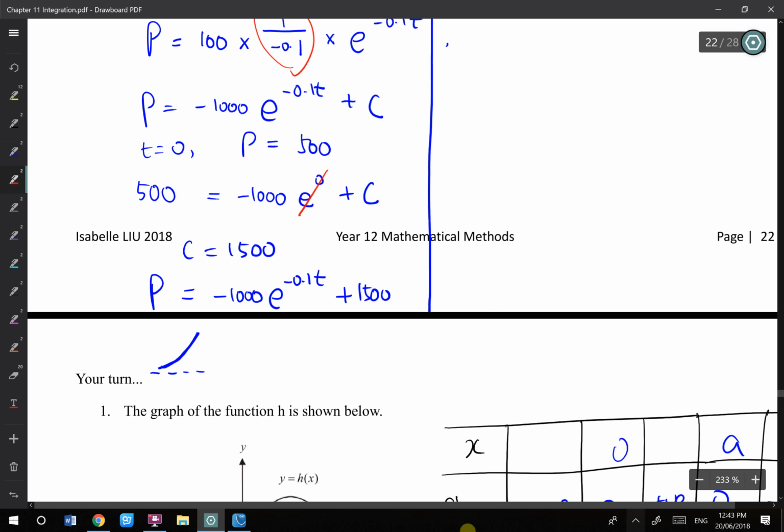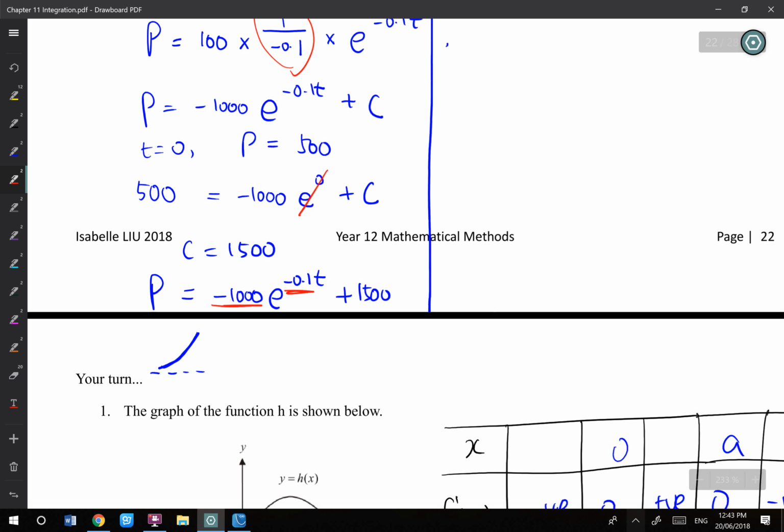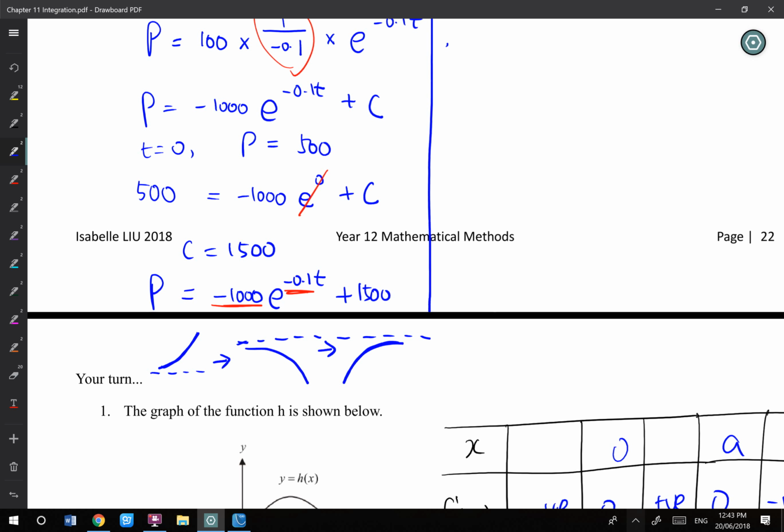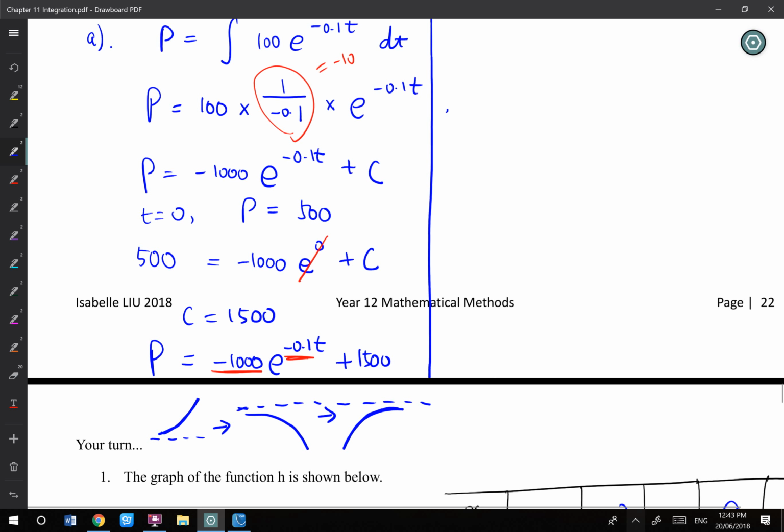But this a value and this k value are both negative, so it gets reflected twice, once horizontally and once vertically. So my final graph should be below the horizontal asymptote and also increasing.